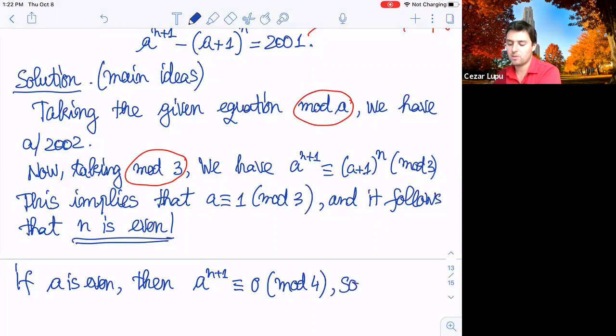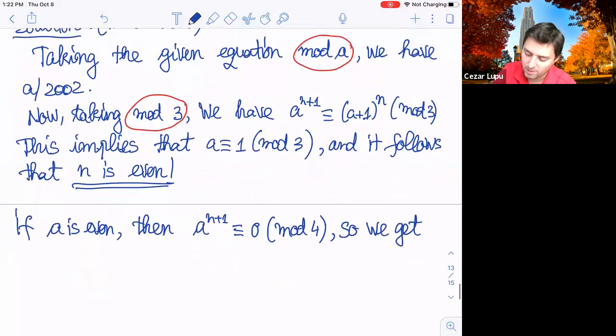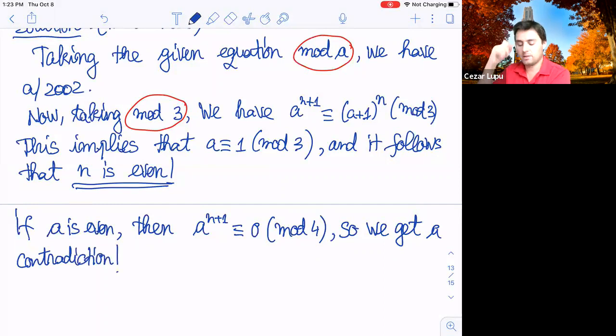A is 0 mod, so A plus 1. So this will imply that, anyway, we get a contradiction. You can figure it out. Okay, so this implies that A is odd.